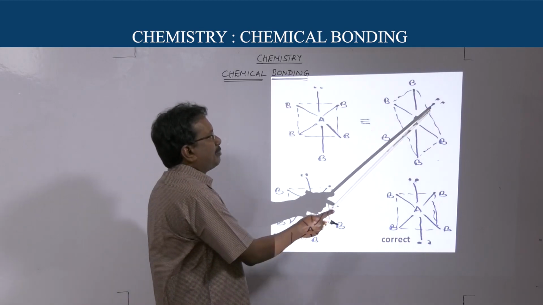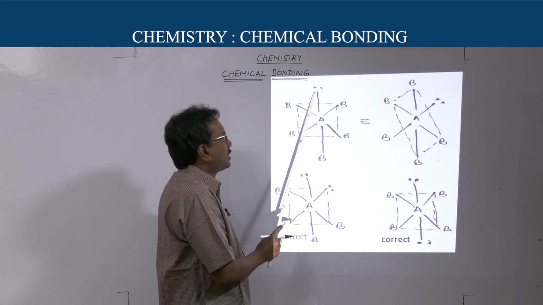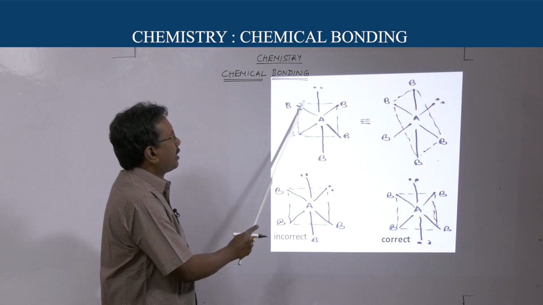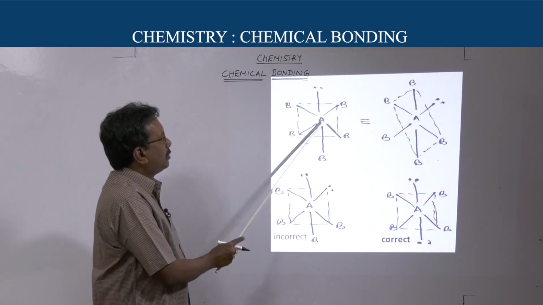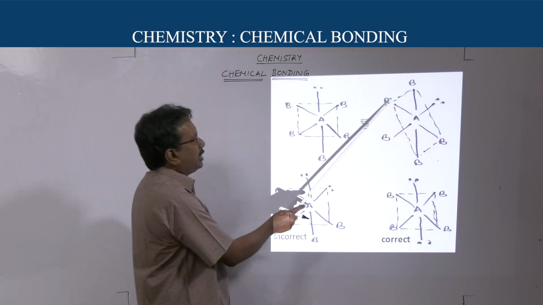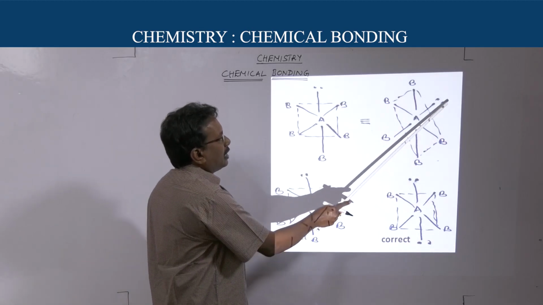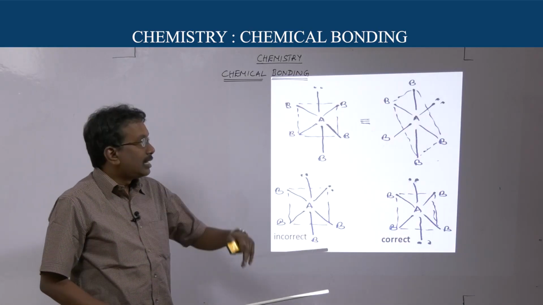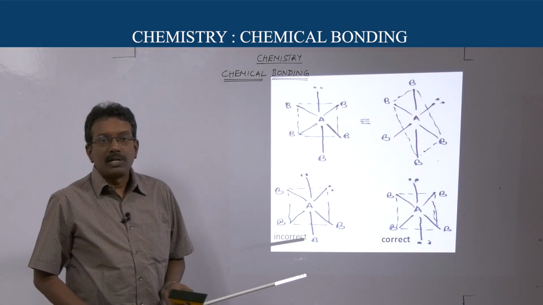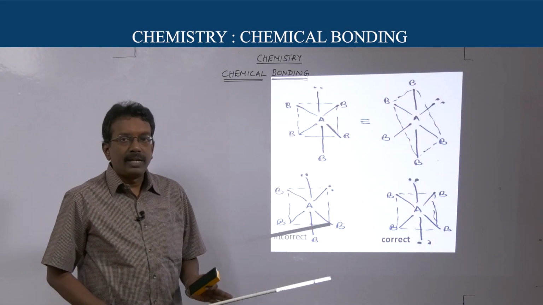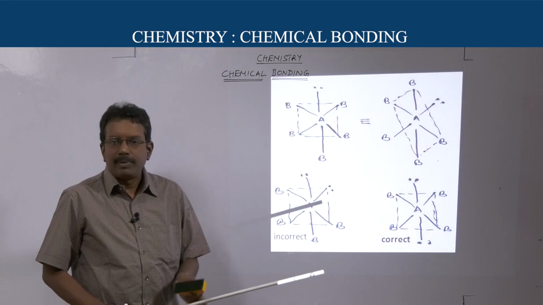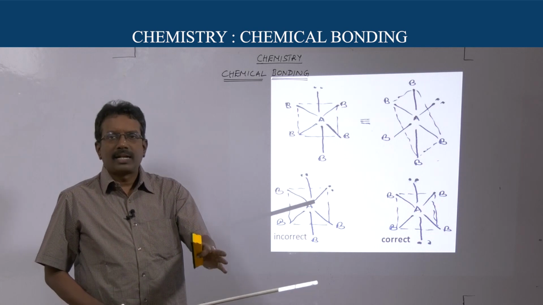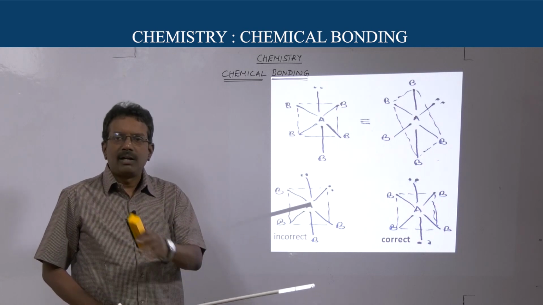In the second structure, I put lone pair here. Don't say this is axial, this is equatorial. But if you observe these 2 structures, one square plane, that square plane above one lone pair is available, below one bond pair is available. Now if we take this as the square plane, above there is a lone pair, below there is a bond pair. That means these two are identical structures. Earlier in the trigonal bipyramidal structure, what we concluded is the lone pair you have to accommodate in the equatorial position. All 3 lone pair possibilities: first lone pair in the first equatorial position, second lone pair in the second equatorial position, third lone pair in the third equatorial position.